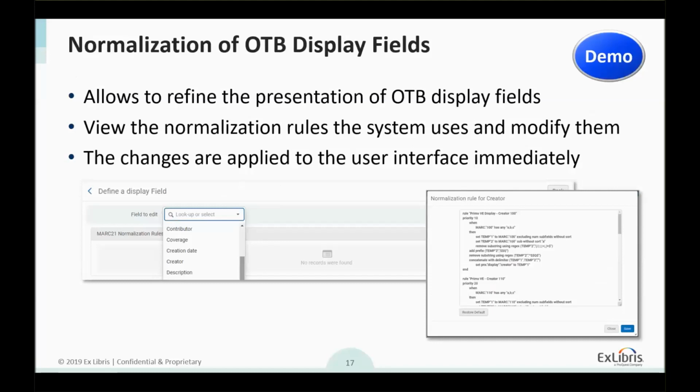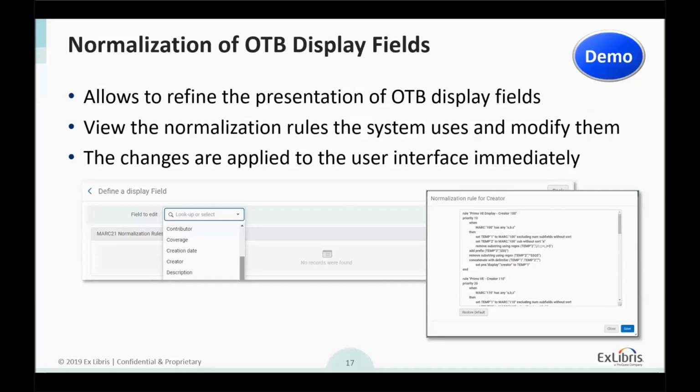The next, actually what we spoke about is the managing of the local field. The second option that we have is the ability to normalize and refine the display of the out-of-the-box fields. We have in the system in Primo VE the out-of-the-box normalization, how to map the bib to the Primo VE display.